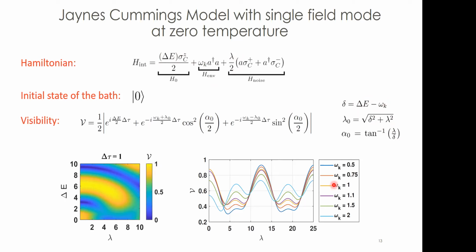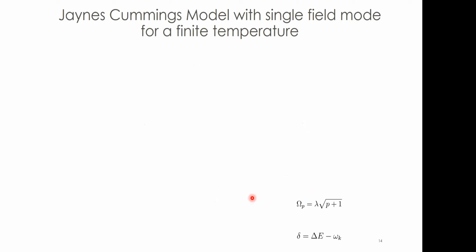The other factor that this visibility depends on, of course, is the environment Hamiltonian, in this case represented by omega k. And we see that in the low noise regime, given by lambda, the visibility is a function of omega k, and in general one sees that as omega k is increased, the visibility is low for lower values of the noise parameter. Now one can ascertain certain thermal effects also by considering the Jaynes-Cummings model.